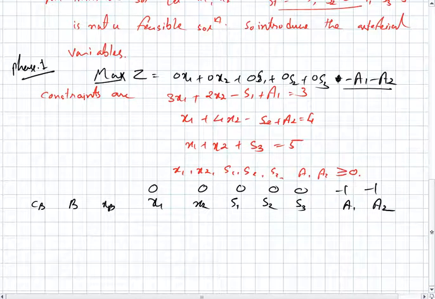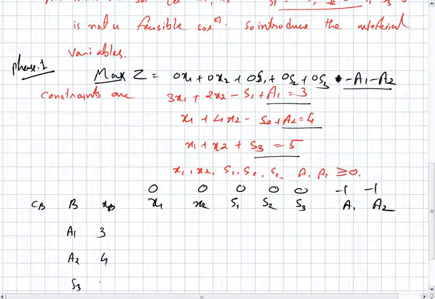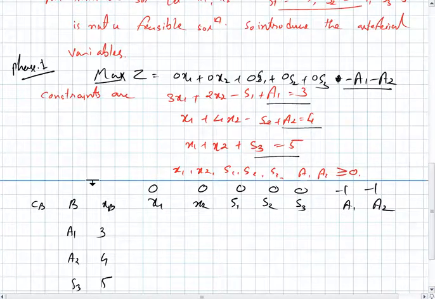In the basis we right now have A1, A2 and S3, with values 3, 4, 5.